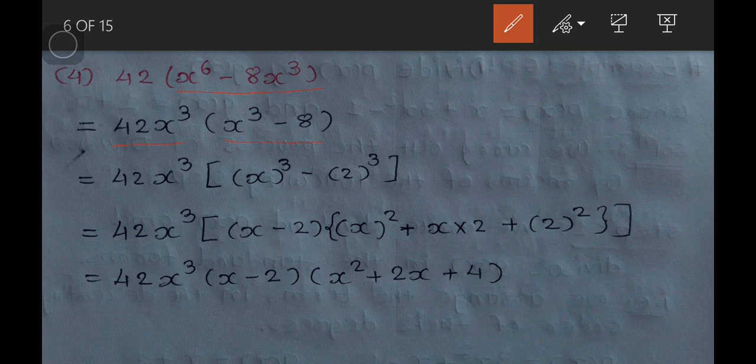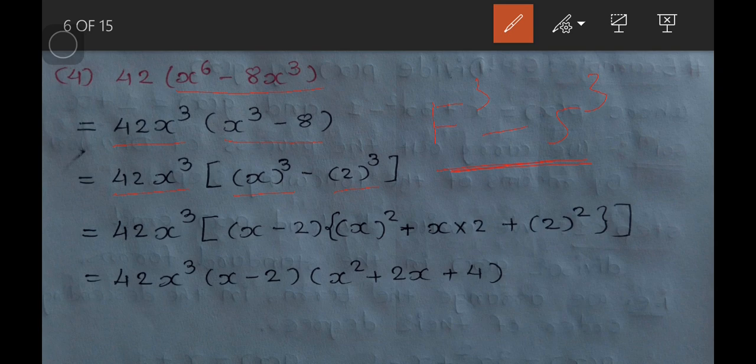Now 42x cube as it is, and x cube is the cube of x, and 8 is the cube of 2. So we can use our formula, that is f cube minus s cube. So let us use our identity.